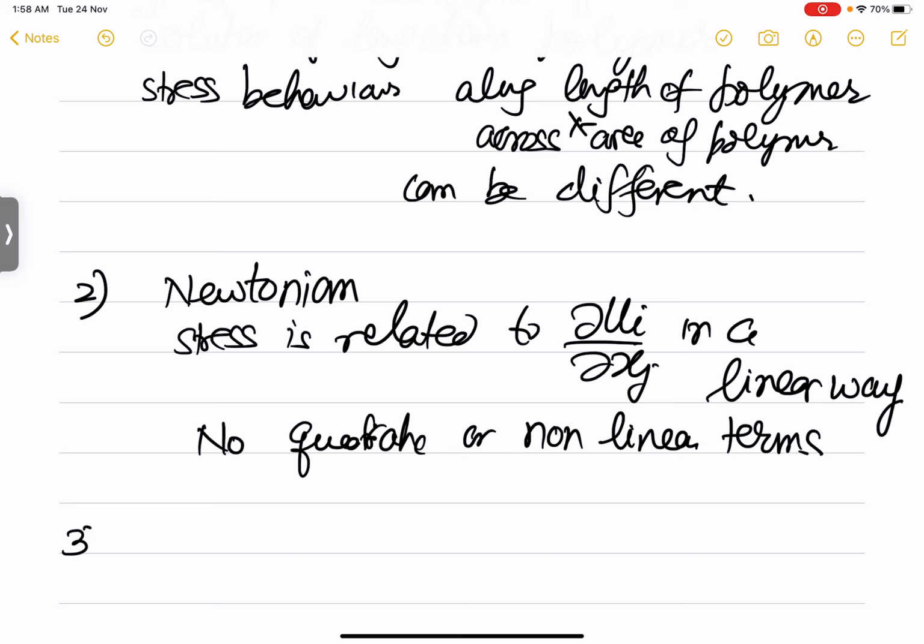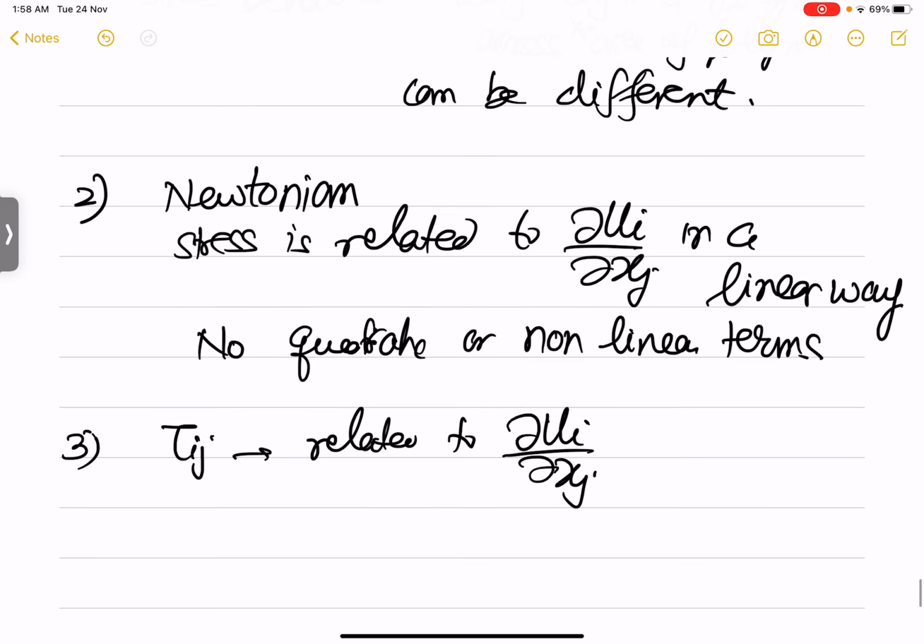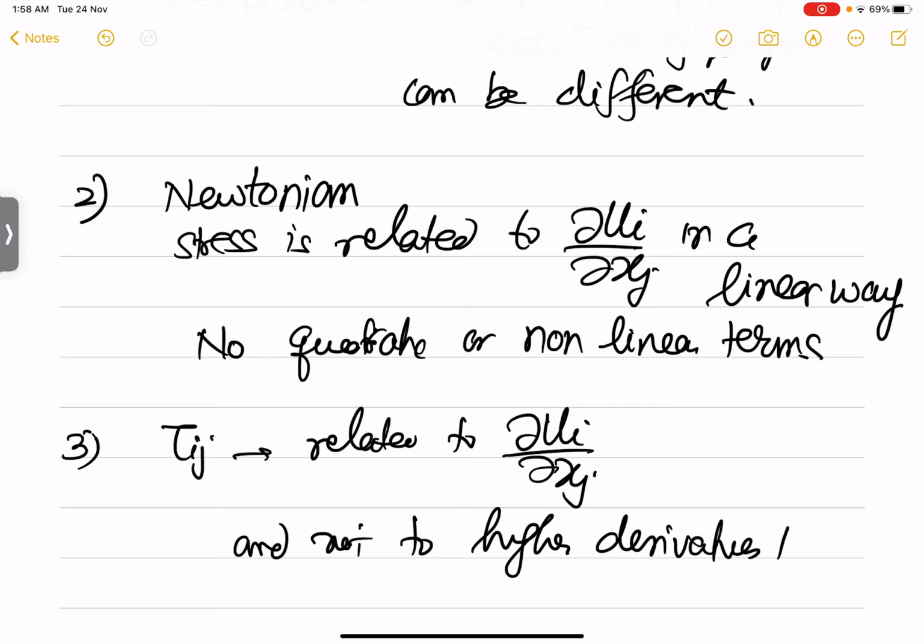The third thing is that tau ij is only related to partial ui by partial xj, only the first derivative, and not to higher derivatives of ui.